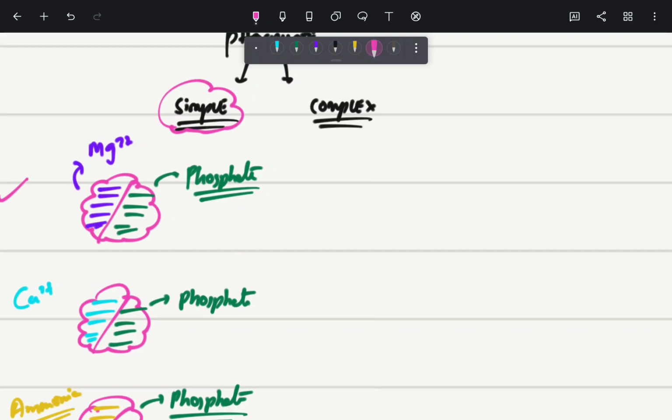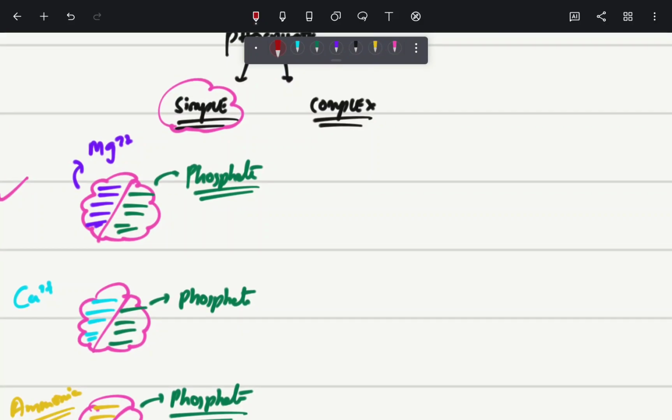Okay, if you are clear with this, next we will move to the complex type of phosphate stones. This complex type of phosphate stone is usually divided into three. First we will start with the most important one, which is your triple phosphate stones.